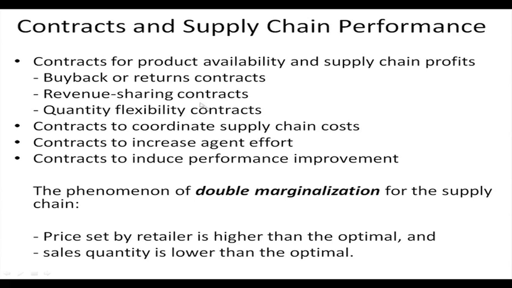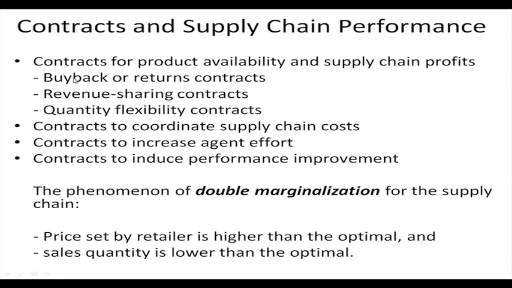All these 3 contracts fall under contracts for product availability and supply chain profits. There are 3 other contracts: contracts to coordinate supply chain costs, contracts to increase agent effort, and contracts to induce performance improvement.